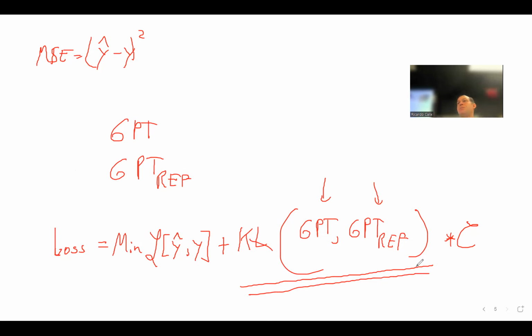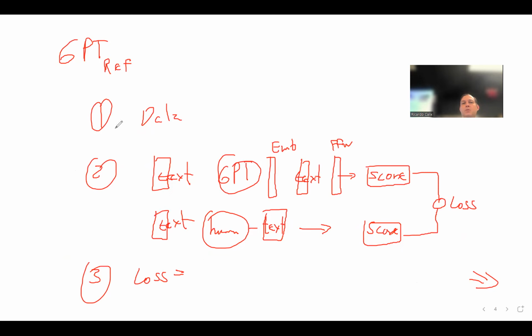If time permits later on, I will give you a simple example of how KL divergence works, but with simple data, not with GPT data. But that's it. So these are the three components that the paper will talk about: the data, the model as you see here for training, and then this loss function.